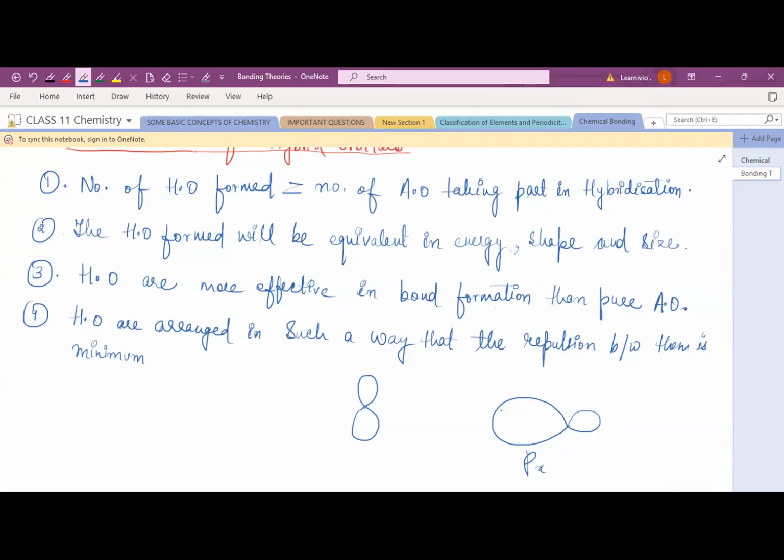That's the importance of hybridization. That's why atomic orbitals intermix and create hybrid orbitals. Those hybrid orbitals participate in bond formation, and bond formation happens easily there. Why? Due to the minimum repulsion and maximum distance between the orbitals. Clear, Aisha? Yeah, ma'am. Thank you.